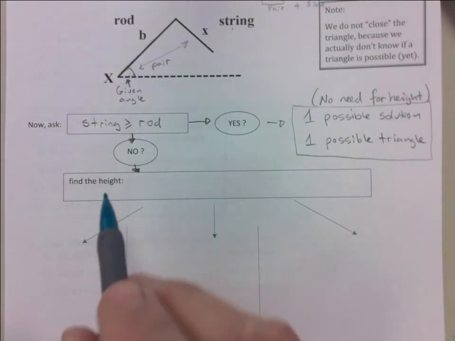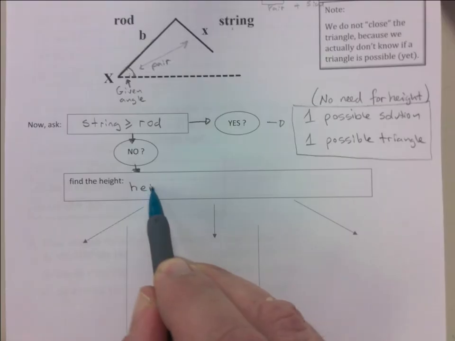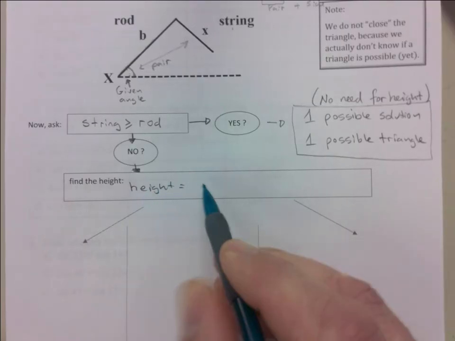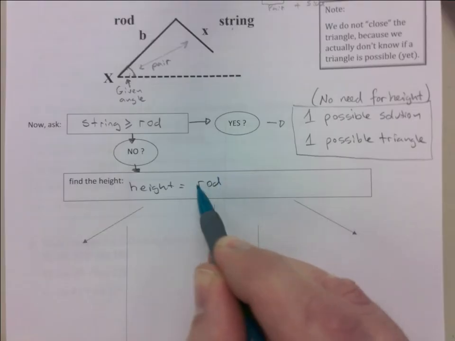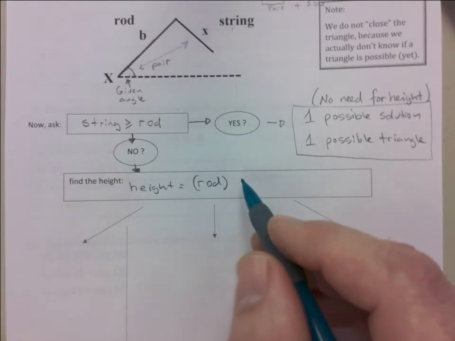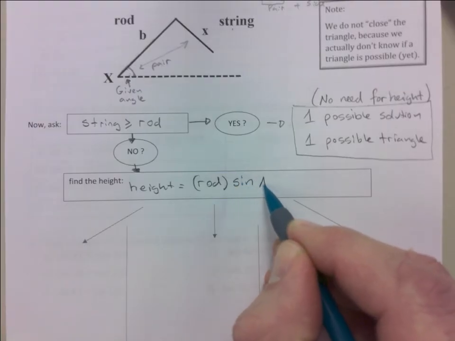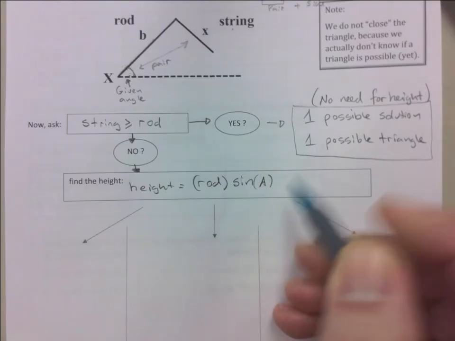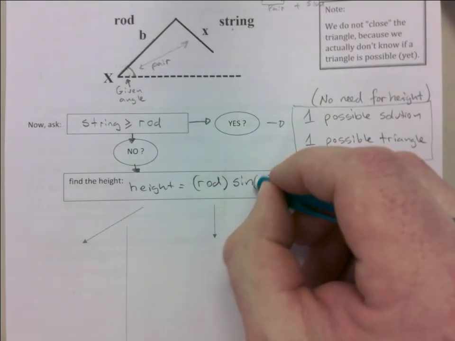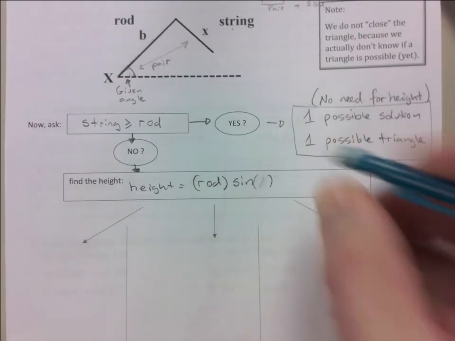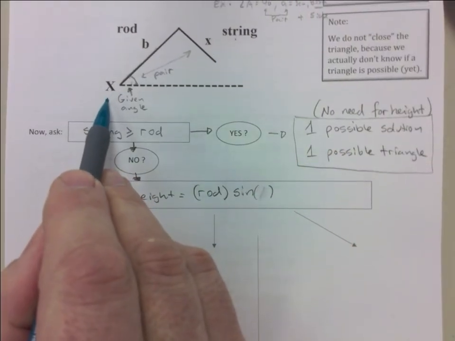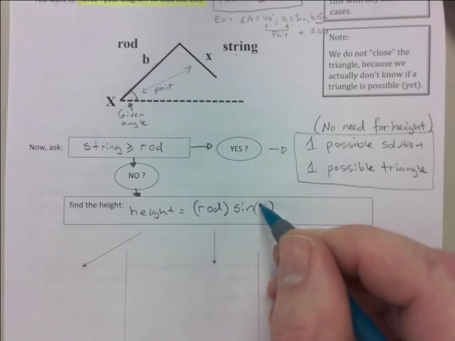You need to find the height. Height is equal to rod, in this case, because that's going to be your slant, times sine of the angle. I will use x because my diagram has x. The angle given here is x, so I'm going to go sine of x.